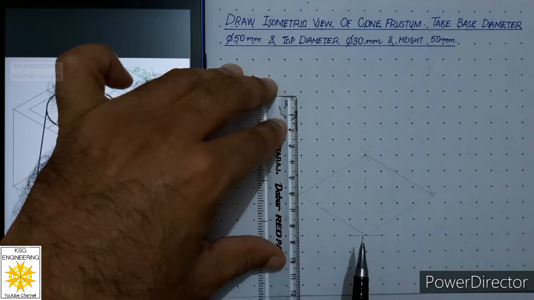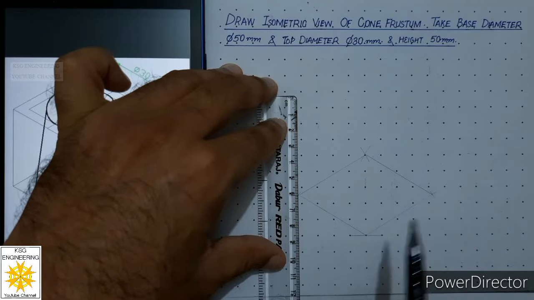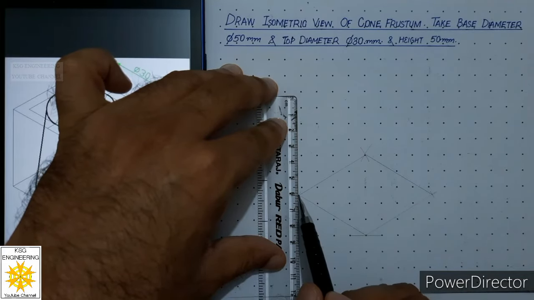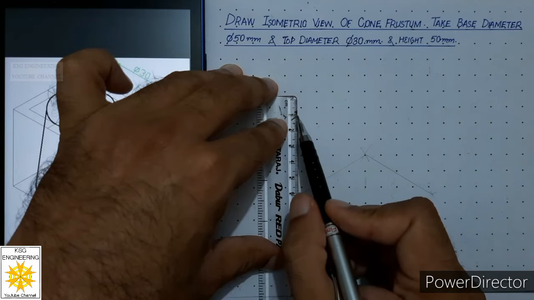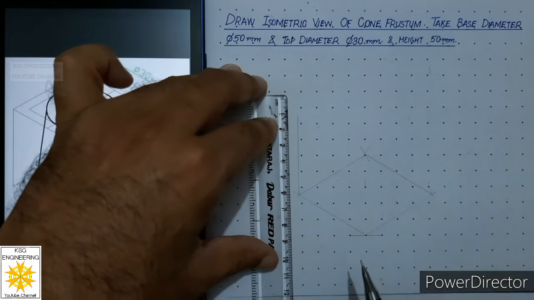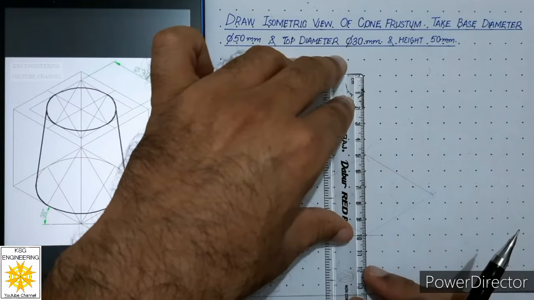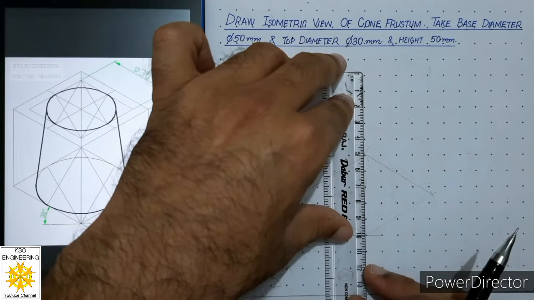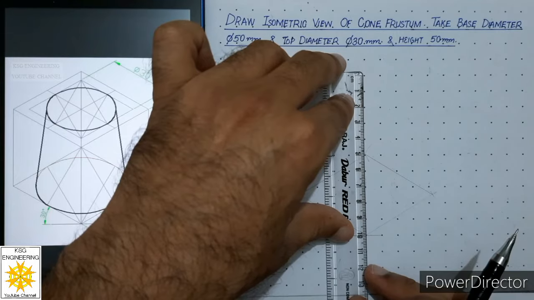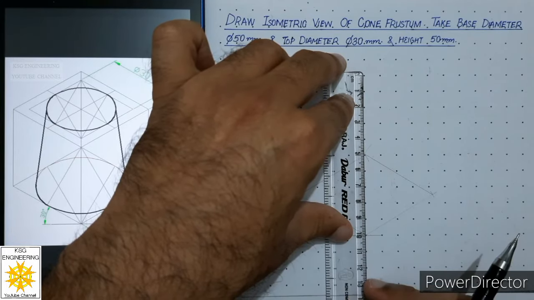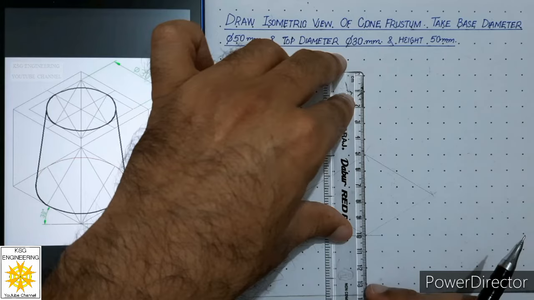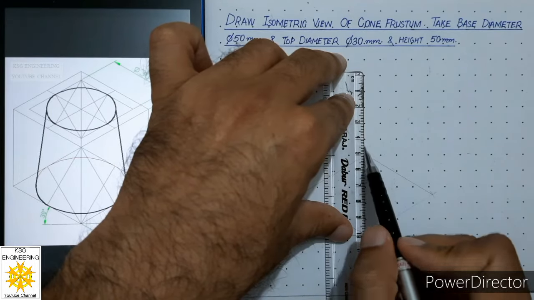Align your scale in vertical position carefully and draw a continuous thin line of 50 mm. Then place your scale at this point and align your scale carefully in vertical direction and draw a continuous thin line of 50.